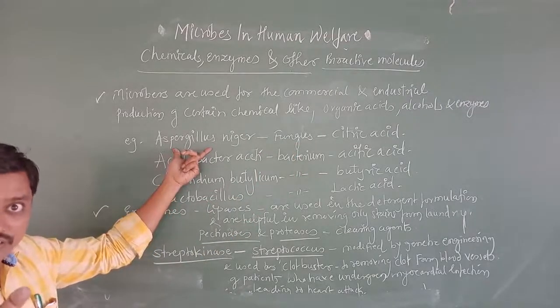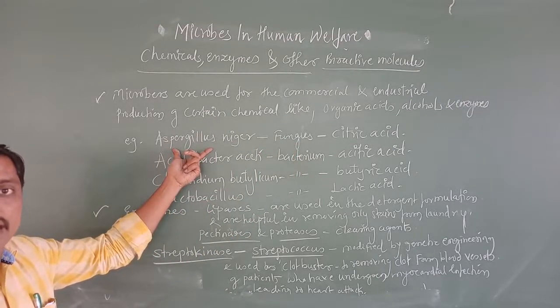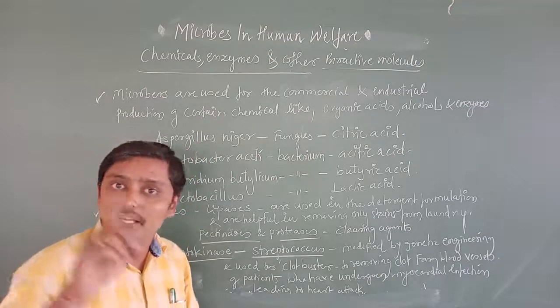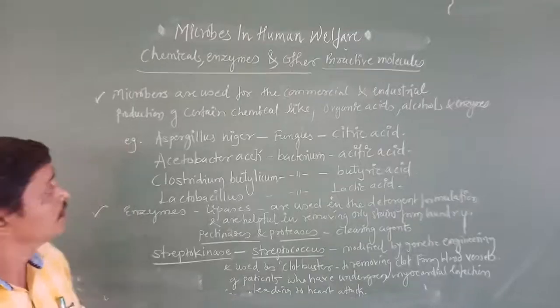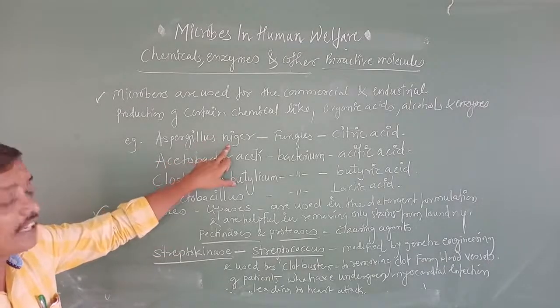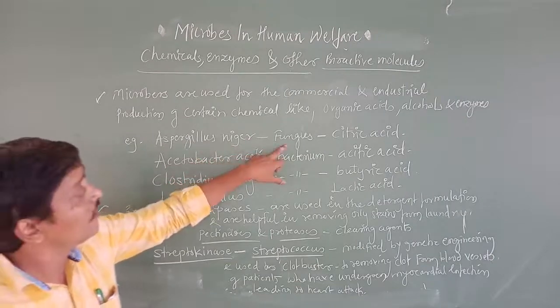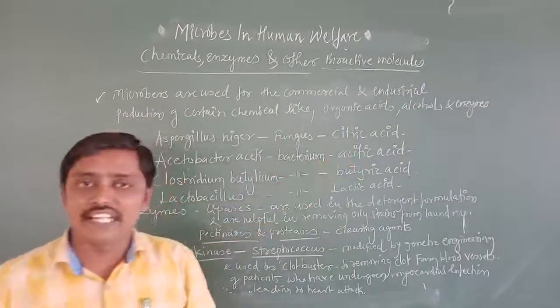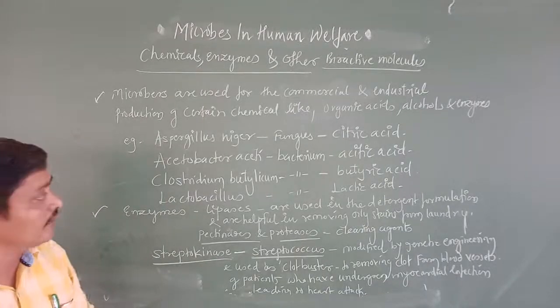It is very important, again and again I am telling you, they are going to ask you a 1 mark question or a competitive exam question from this concept. Aspergillus niger is a fungus and it is used for the production of citric acid.